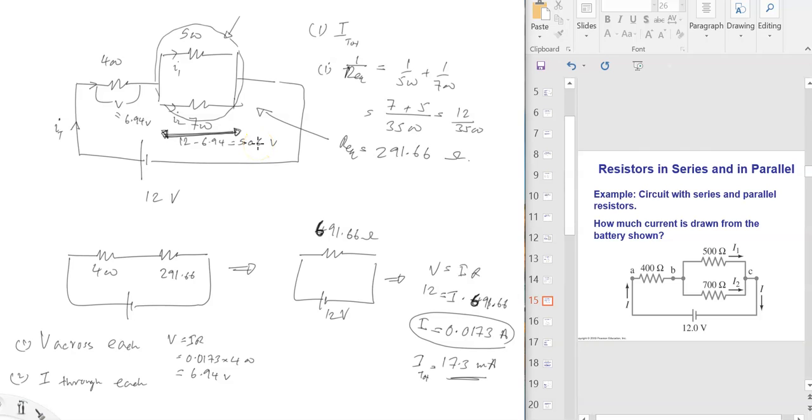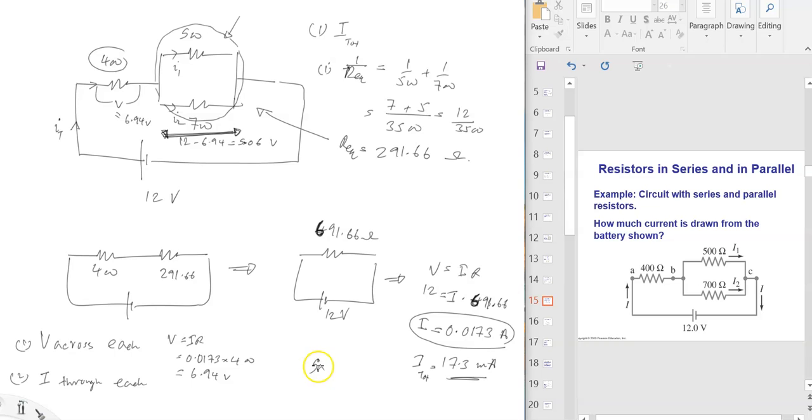Now it's asking current through each resistor. For the first one, the 400 ohm one, you know the current, it is this 17.3 milliamps, and then it gets divided into two branches. We know the voltage across each resistor.